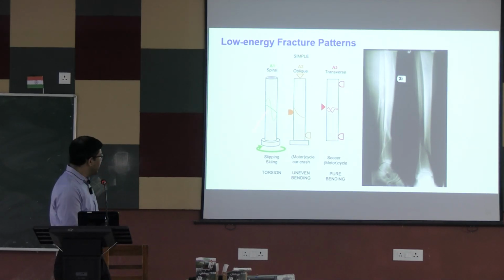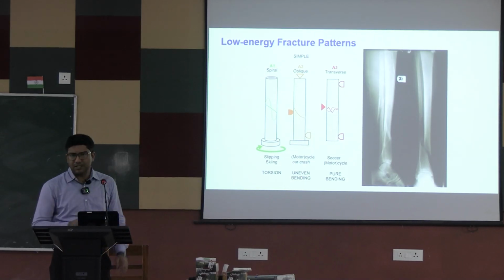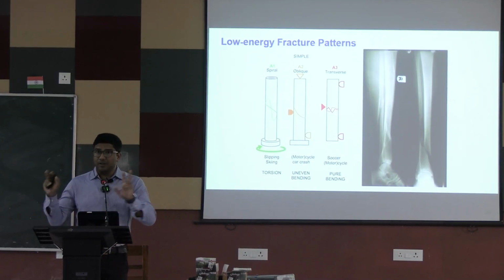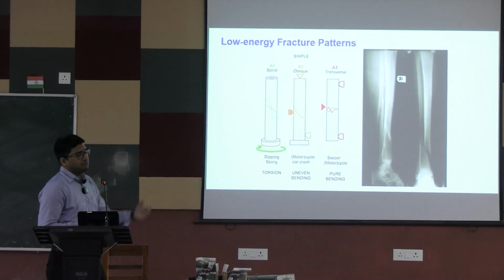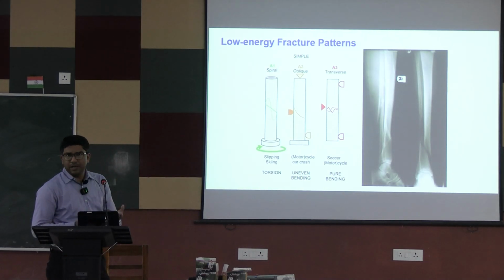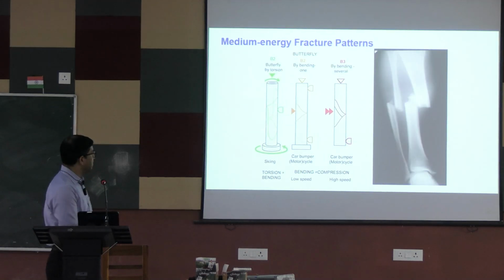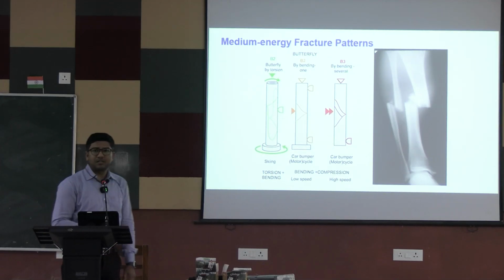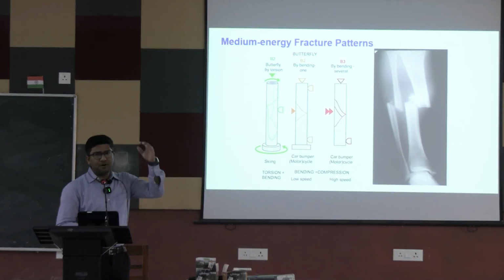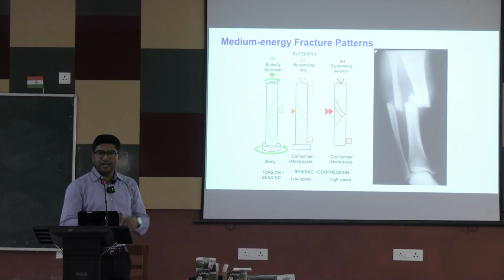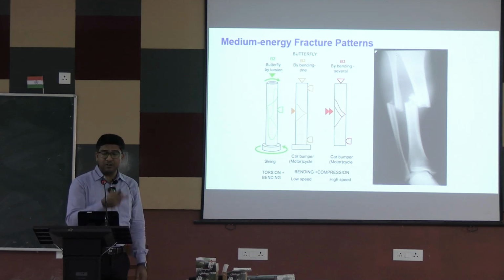So naturally, with this kind of spiral fracture, oblique fracture, transverse fracture, they are generally, not always, from a low energy fall or low energy trauma, and they have a less severe tissue injury. But on the other hand, a very high energy fracture, suppose a road traffic accident, fall from height, or any similar very high velocity trauma.